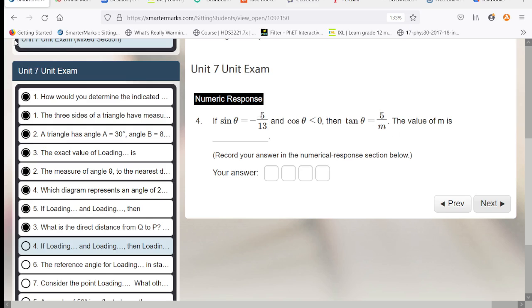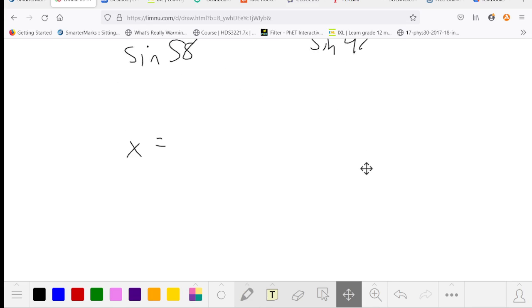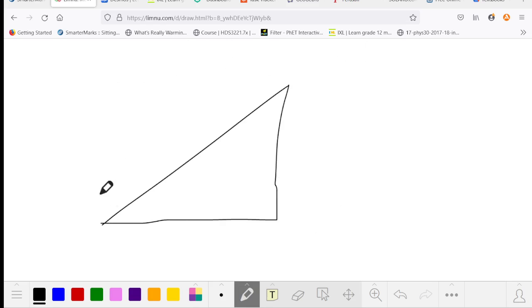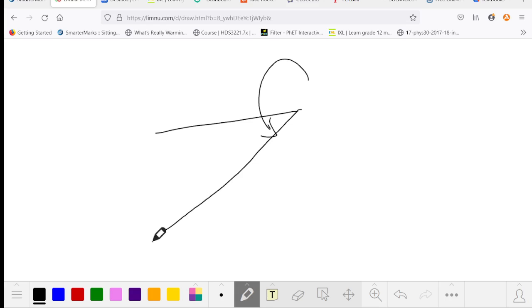This tells us that our triangle, so here's our triangle. We're in quadrant 3. That actually should have been drawn the other way because we're in quadrant 3. So here is our triangle.